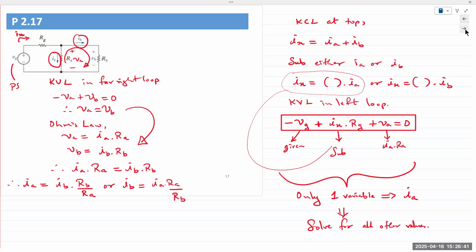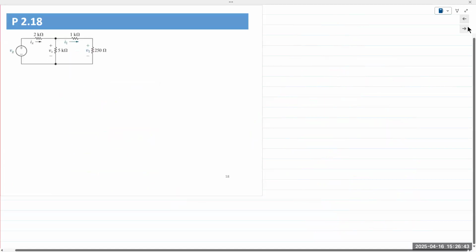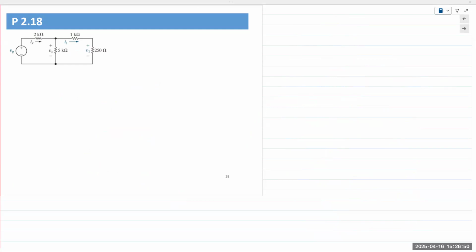All right. So let's get to 2.18. In 2.18, you have a voltage source. Let me bring up the question here. We have currents I1 and I2. There should be I1 right there.